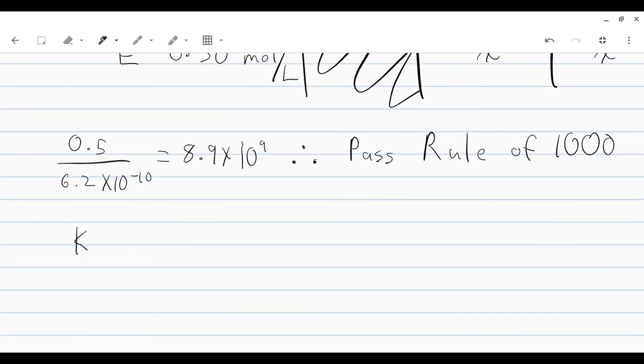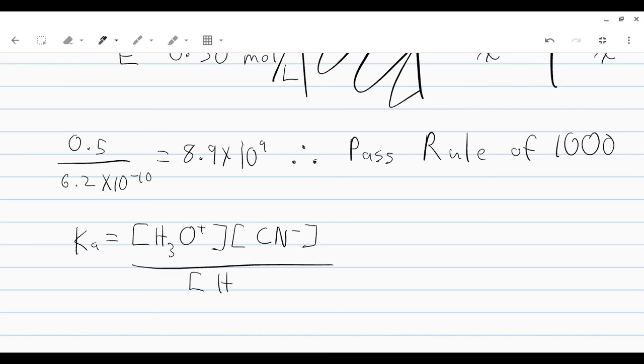We now know that Ka is going to be equal to the hydronium ion concentration times the CN minus concentration over the concentration of HCN. Important thing to remember, it's always the equilibrium concentrations we're dealing with here.